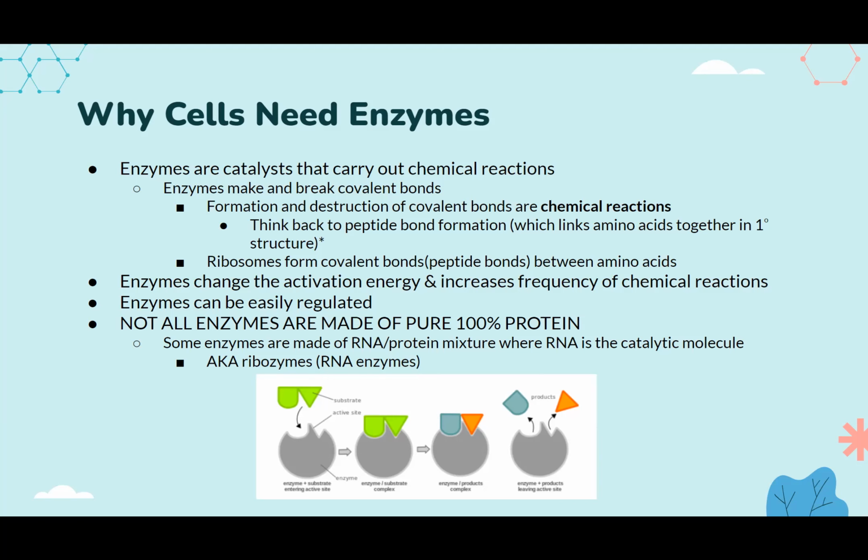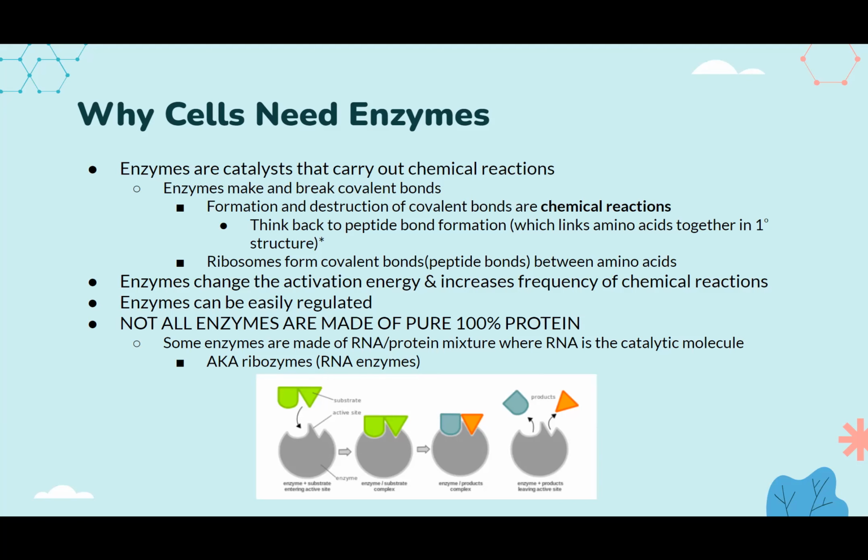So for my section, we'll be talking more about enzymes. I'll start by talking about why cells need enzymes. As you can see on the bottom here, it's a generic picture of enzymes. Enzymes are catalysts and they carry out chemical reactions.